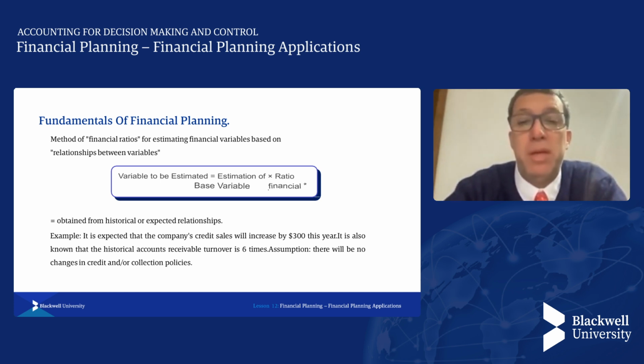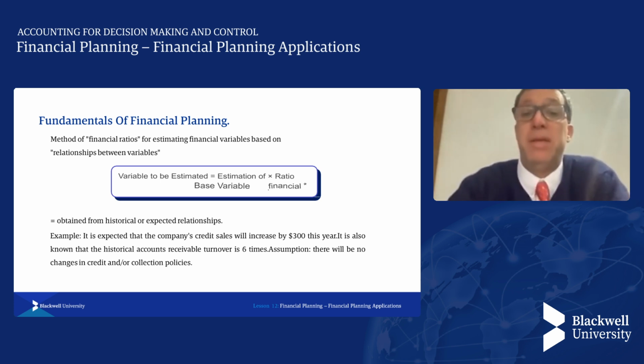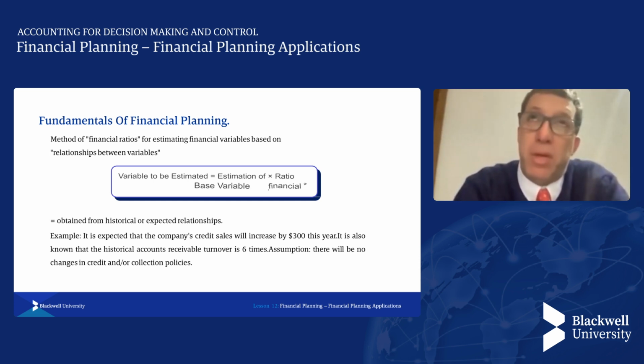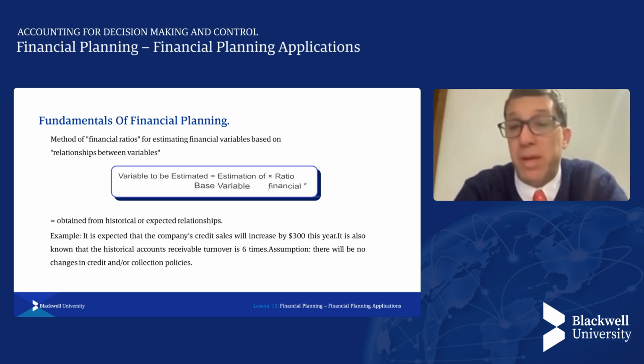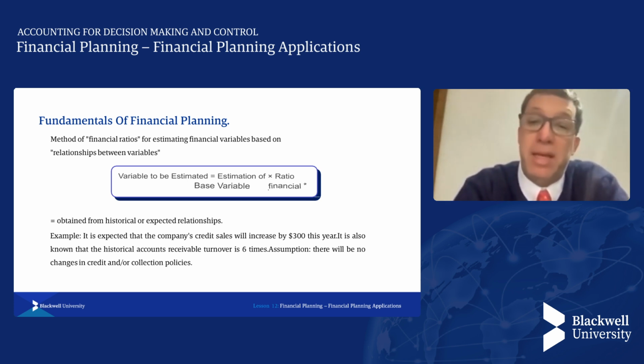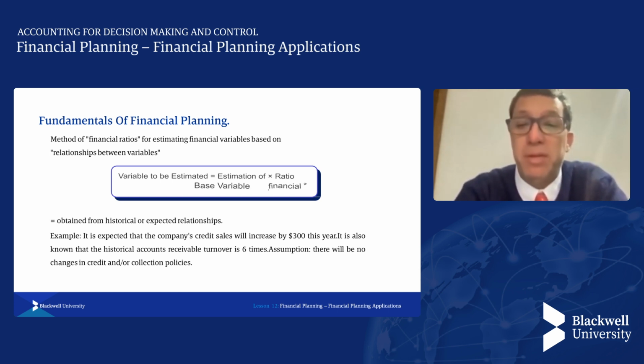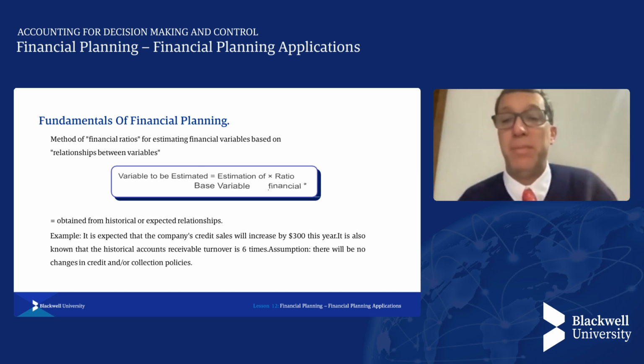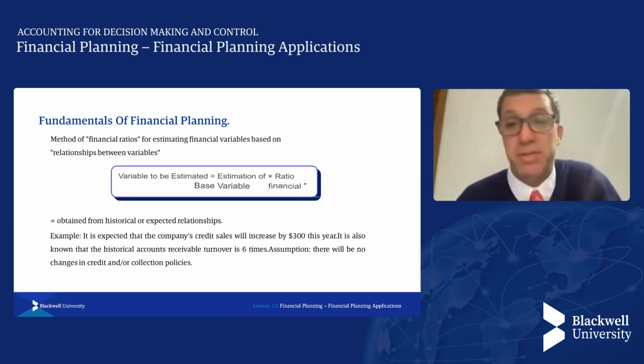So, for example, if I want to estimate how much the accounts receivable of a company will be in the next period, what would I have to do? What do accounts receivable depend on? On sales. And I can use the accounts receivable turnover ratio, for example. If we know that credit sales are going to increase by 300 and the accounts receivable turnover is 6 times, then if that holds true, accounts receivable would increase by 50, whether that is $50,000 or 50 million.